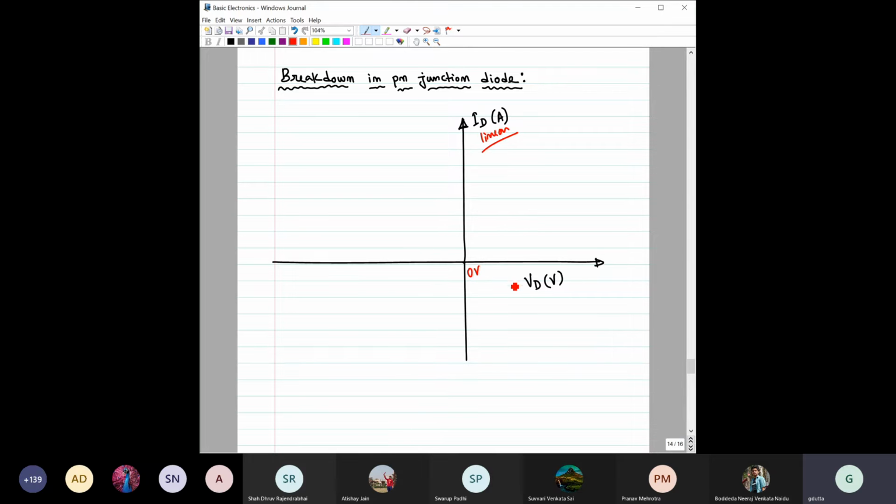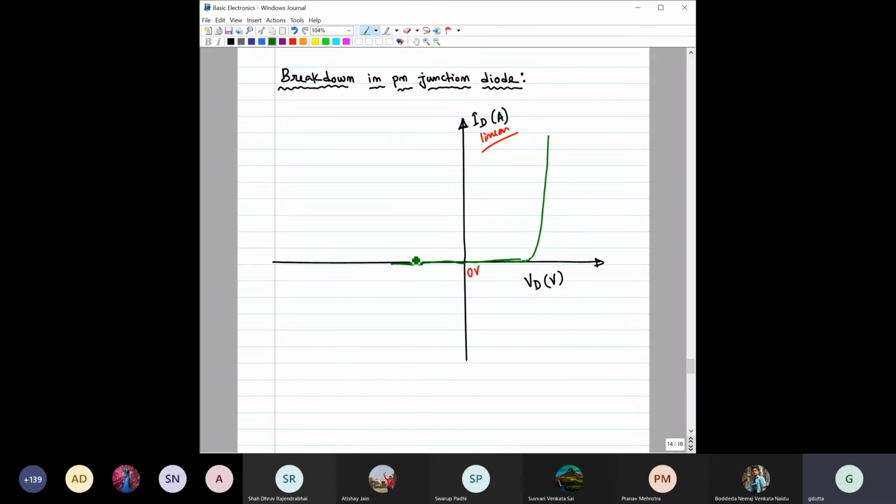This side is forward bias, and this side is reverse bias. The characteristic we have studied so far will look like this. We are plotting in the same scale, not changing it, so it will look like this only.